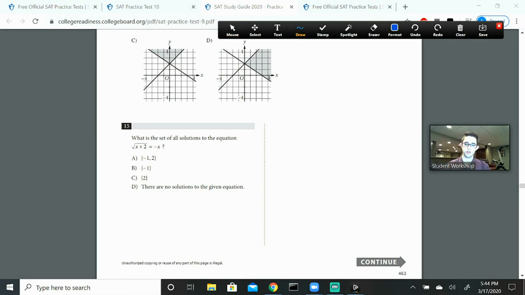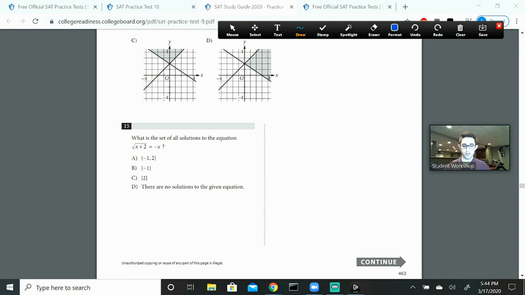Test 9, no calculator, number 15. What is the set of all solutions to the equation square root of x plus 2 equals negative x? Now, they've introduced these types of problems in tests 9 and 10, and they're trying to trip you up.